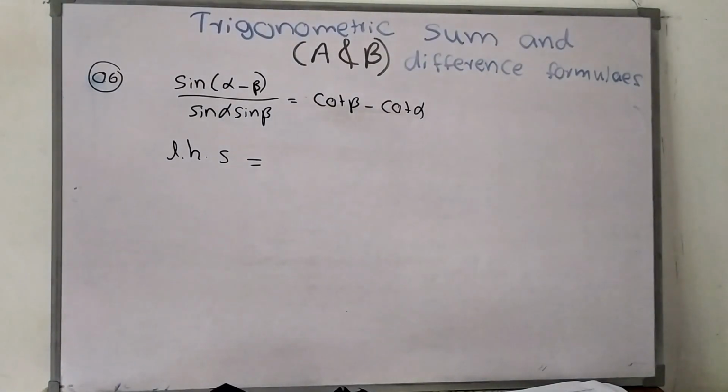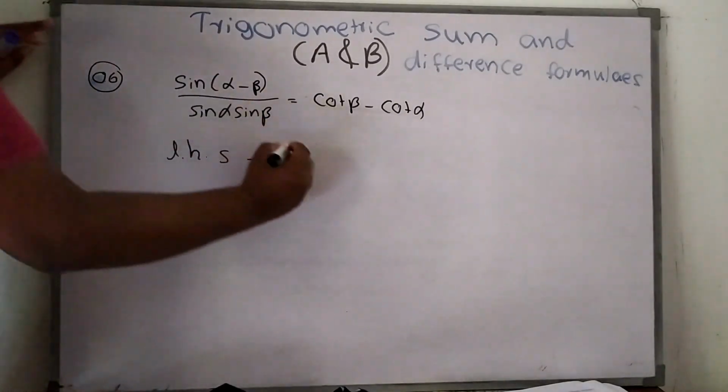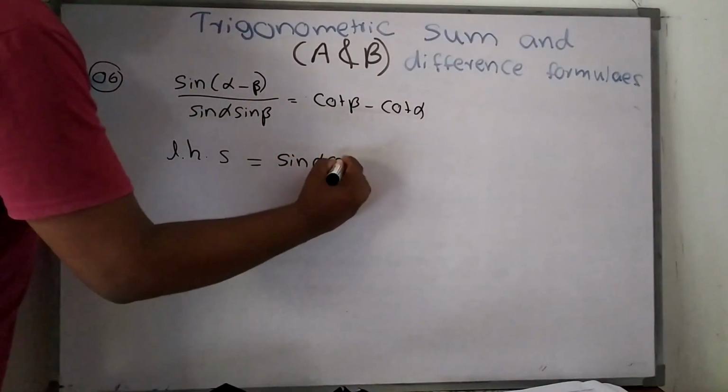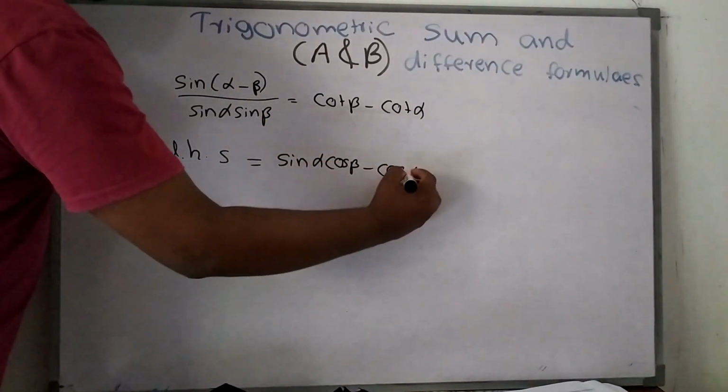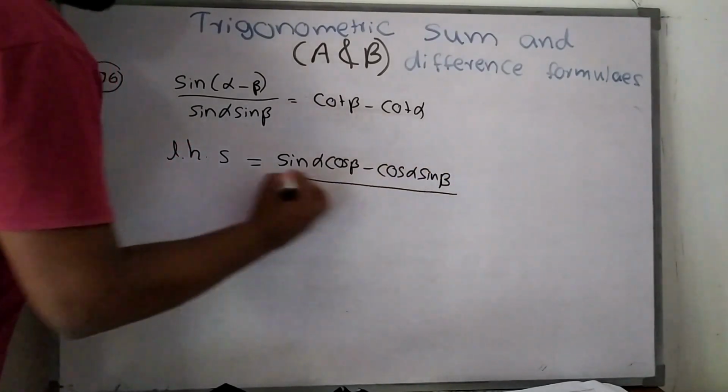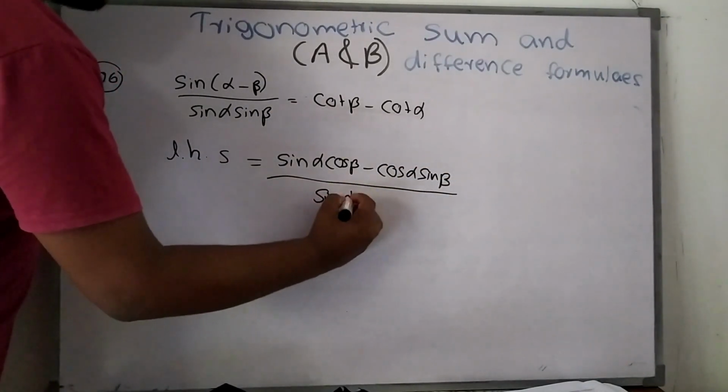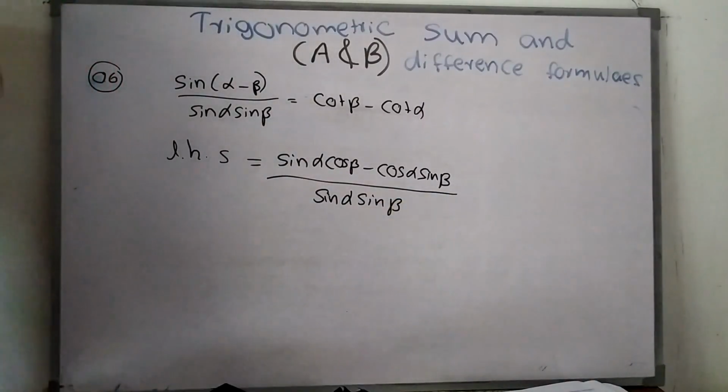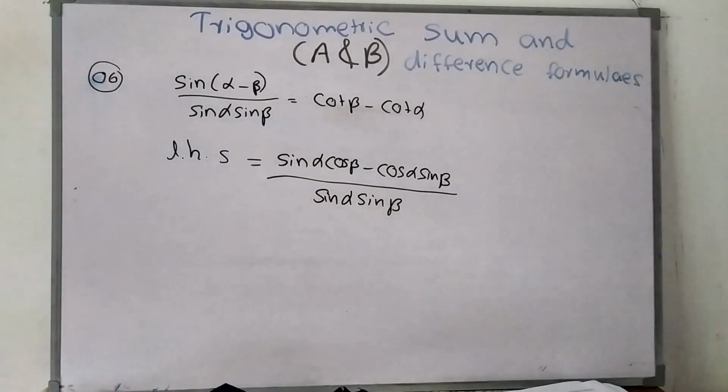So then it will be sin alpha cos beta minus cos alpha sin beta over sin alpha sin beta. Right?